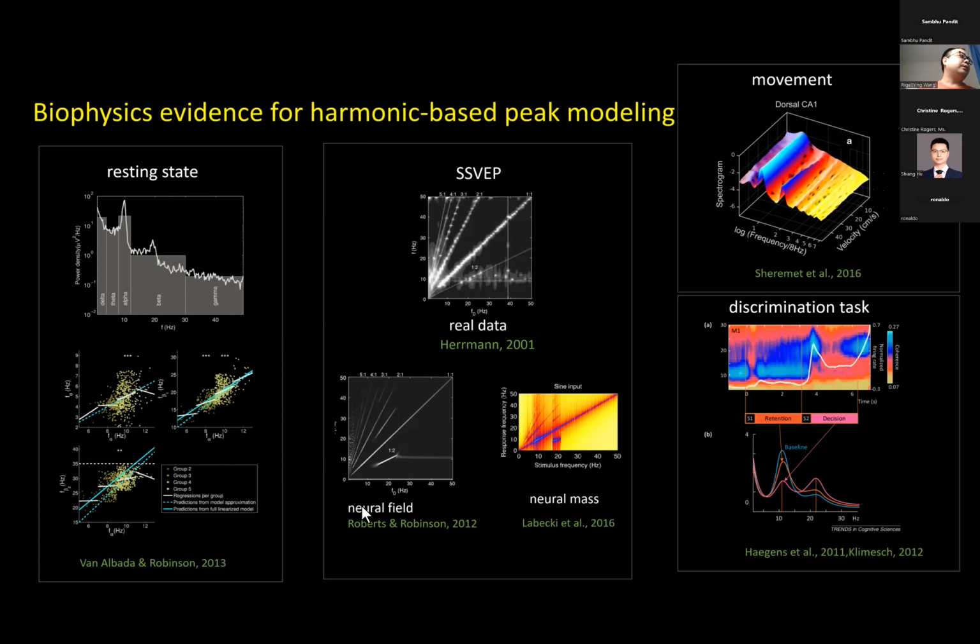And they modeled this with a neural field and neural mass, and reproduced the similar phenomenon. Also in movement and discrimination tasks, they found the harmonic phenomena also.